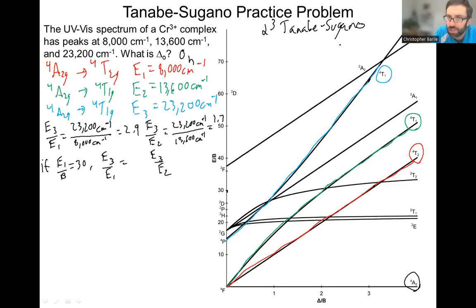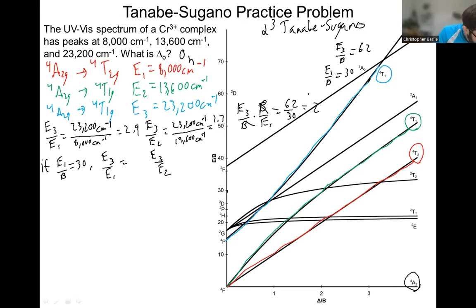Just to show you how this works, to be rigorous, my E3 over B equals 62, and my E1 over B is 30, that's how I defined it. So it would be E3 over B divided by E1 over B, my B's cancel, and that's going to get me 62 over 30, which is 2 point something.